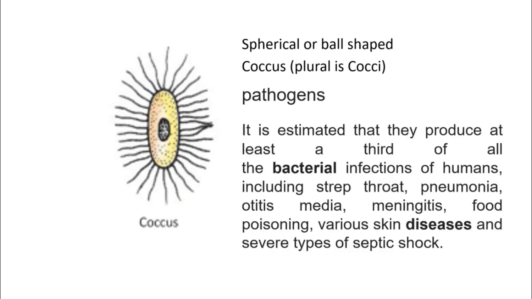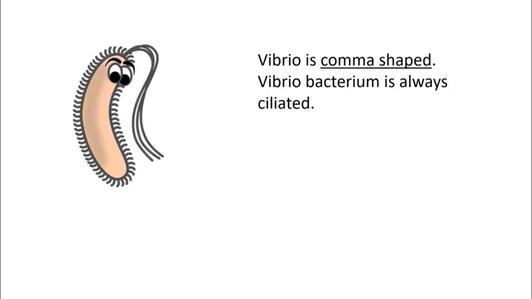The next one is just like a hair, we call it vibrio. It's comma shaped, right? Vibrio bacterium is always ciliated, ciliated means just like a hair, cilia.